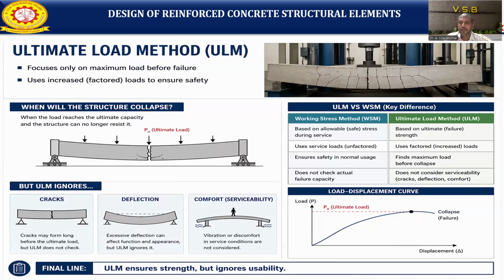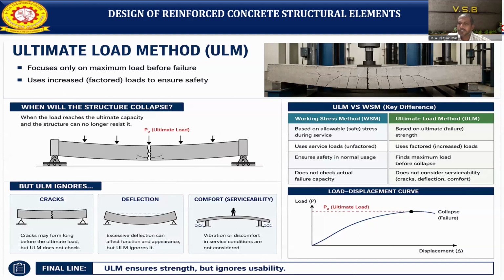Whereas the working stress method does not check the actual failure capacity and does not consider serviceability, cracks, deflection or comfort. When you look at the load-displacement curve, the working stress method is only linear, up to the elastic limit.